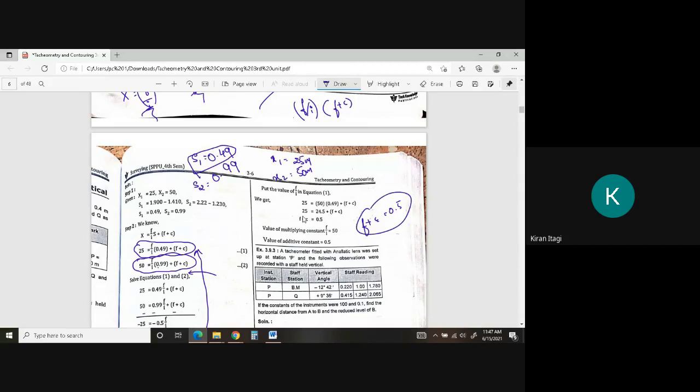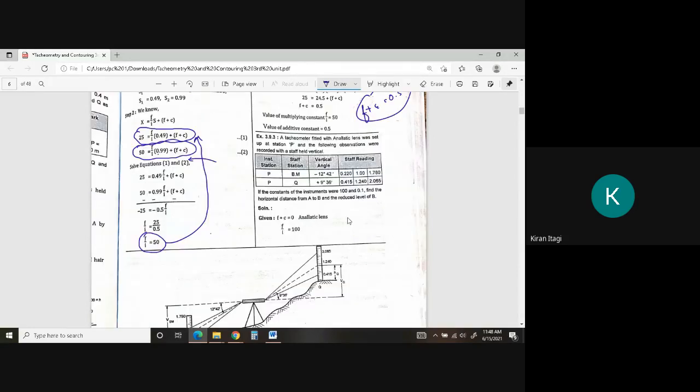Simple equations are there. ax plus b equals c1, c2. Equation number 1, equation number 2. You can directly solve it in the calculator, instead of taking f upon i, directly take it as a, b.